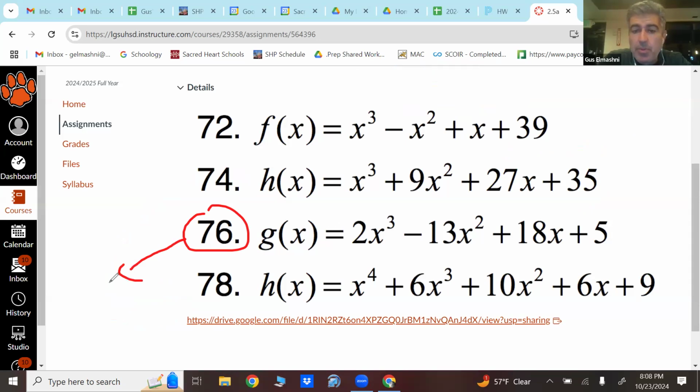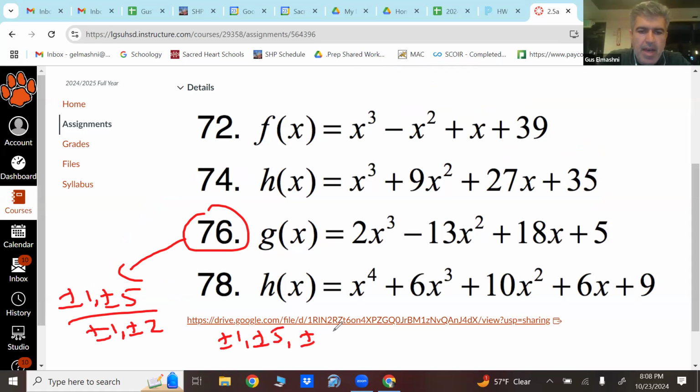Now in this case, you have 2, so you're going to have plus minus 1, plus minus 5, plus minus half, and plus minus 5 halves. Hopefully that makes sense.